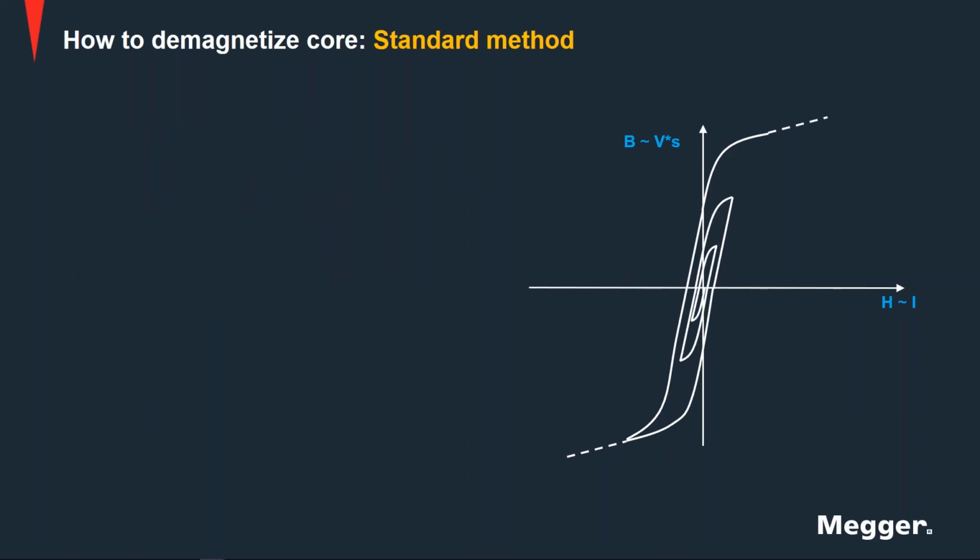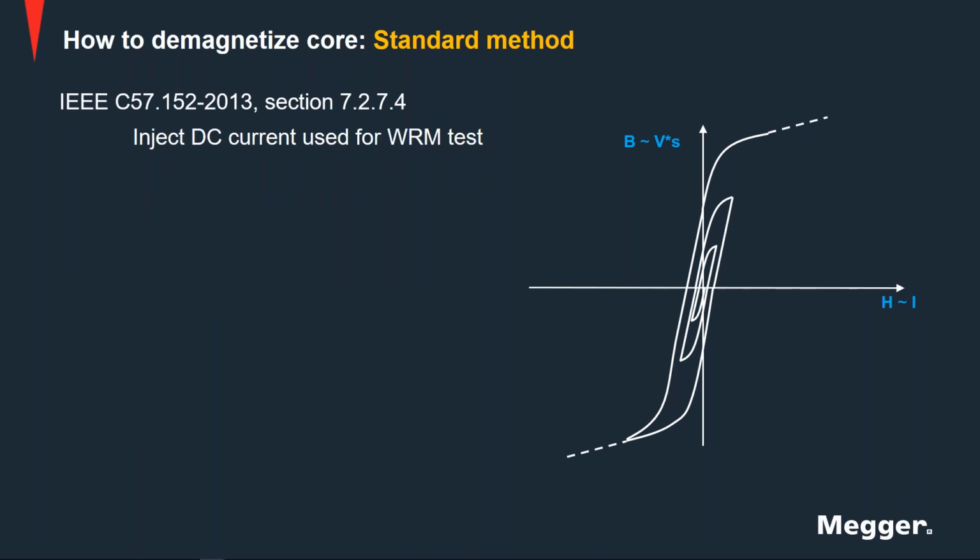For that, there is a standard method that is mentioned in some of these standards, where you will inject the DC current that was used for the winding resistance measurement test. And what you're going to do is charge just until saturation, so just long enough volt seconds to reach saturation, and then you will discharge.